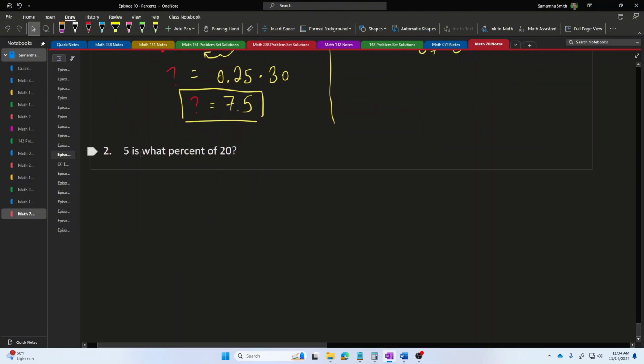And then the final variety of percent problem, someone says, 5 is what percent of 20? So this time it's the percentage that we don't know, and we're trying to figure it out.